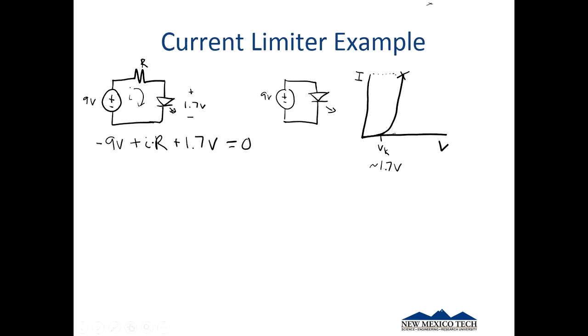A real common question is, how do I find the value of the current limiting resistor? I don't know R. Maybe I know I, and we'll say it is 20 milliamps. I don't want to exceed 20 milliamps. Well, I can plug that in: 0.02, that's 20 milliamps.